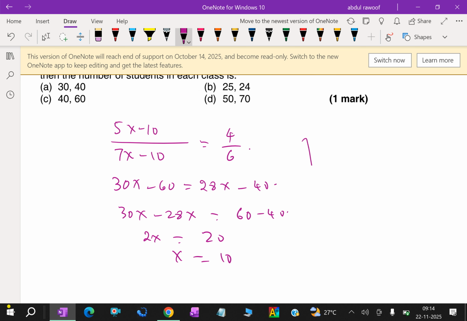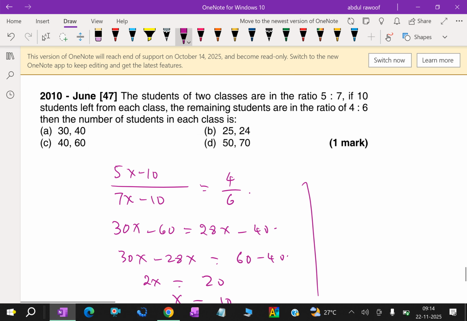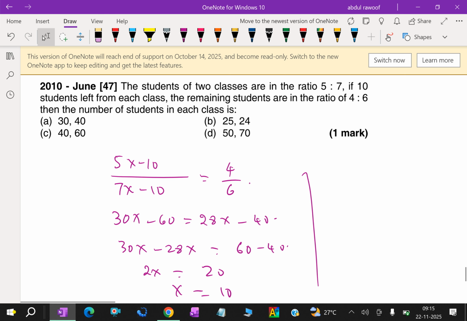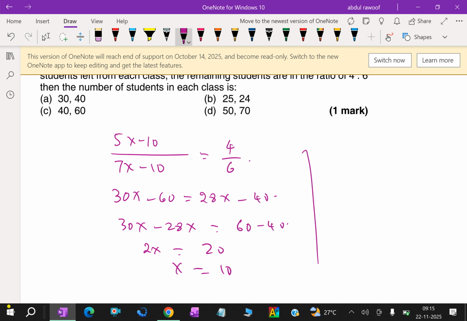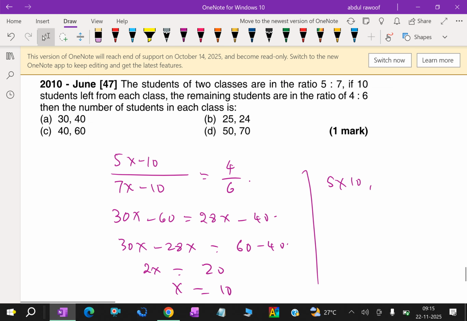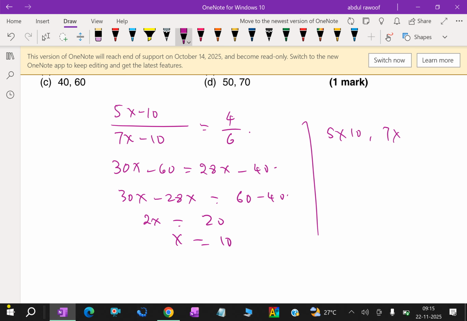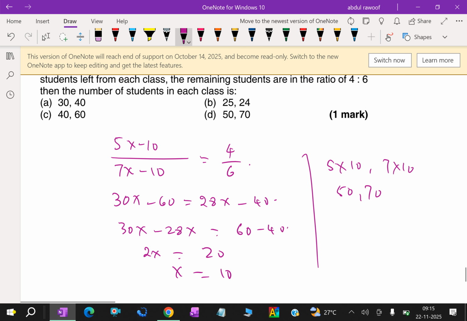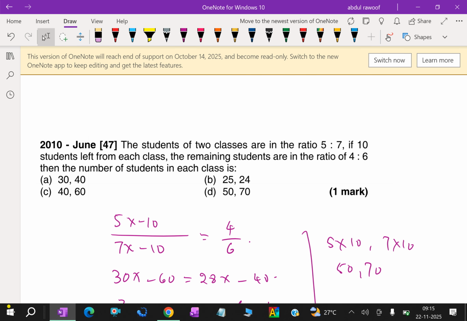They are asking the students remaining. The number of students in each class is 5 into 10 and 7 into 10, 50 and 70. Option D.